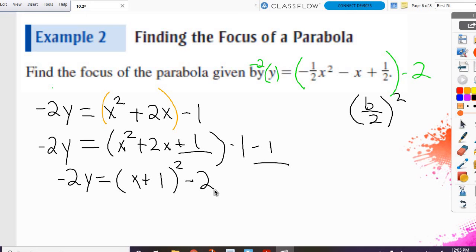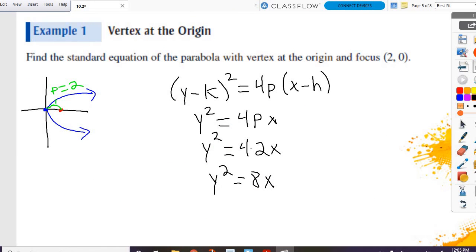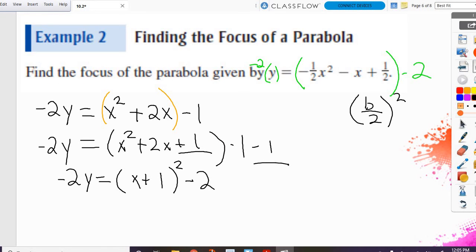But because we want it in the conic section vertex form, let's remind ourselves what that looks like. We have x minus h quantity squared. That part's okay. But notice that I don't have any numbers on the outside with it. We need to move that number to the other side to be with our y value. So for us, that is a negative 2.